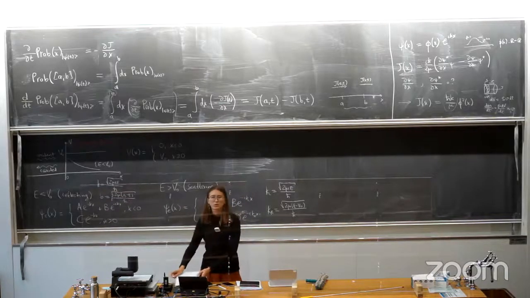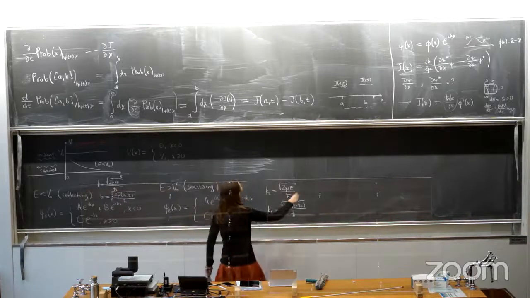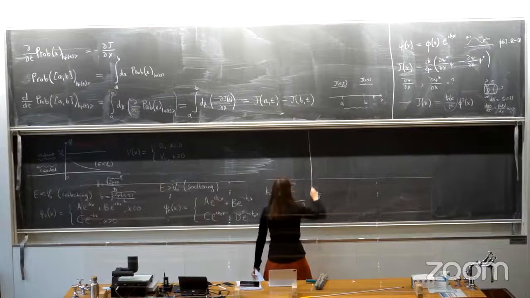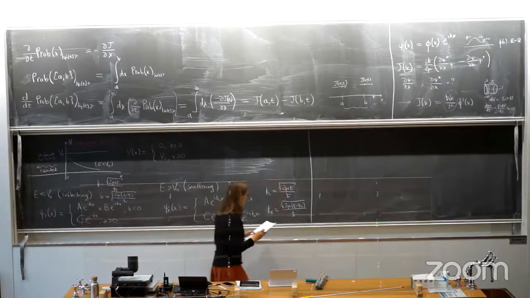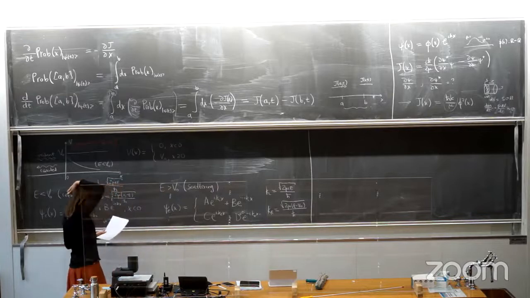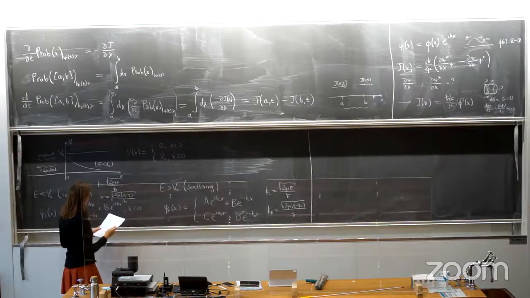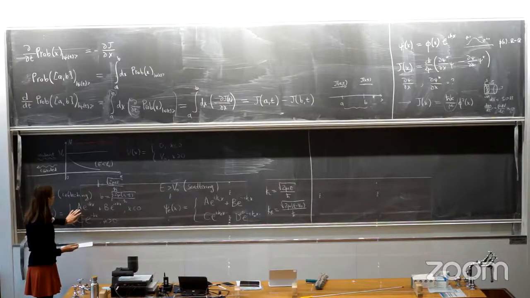Okay, shall we continue? So now let us calculate stuff. First we'll consider the reflecting states, and we will calculate the probability flow for x less than 0.